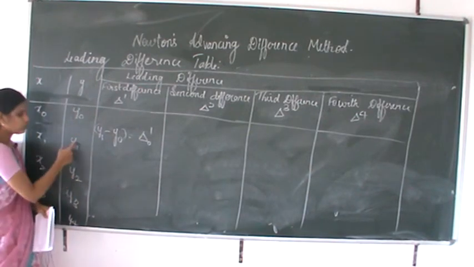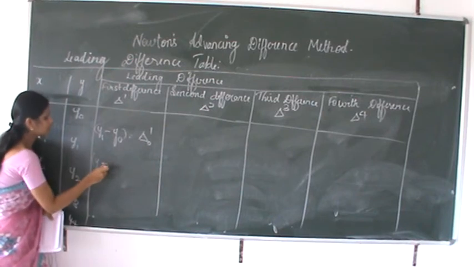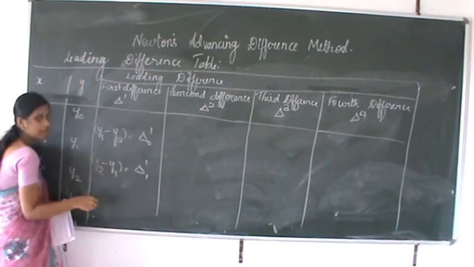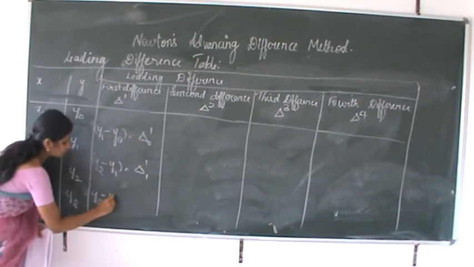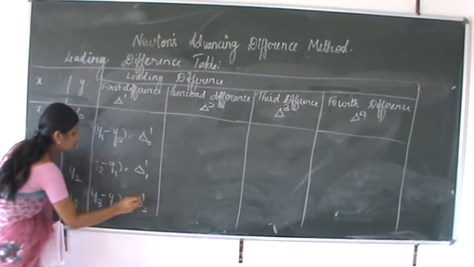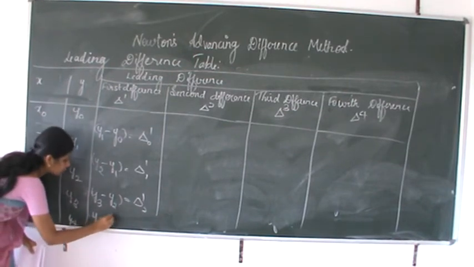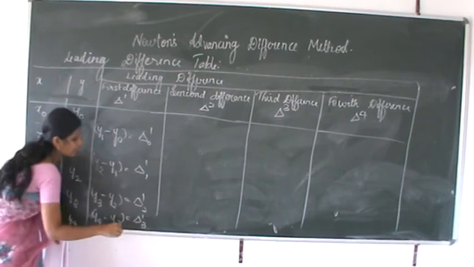Next, y2 minus y1 is equal to delta 1 raised to 1. Next, y3 minus y2, this is delta 2 raised to 1. Lastly, y4 minus y3 is equal to delta 3 raised to 1.